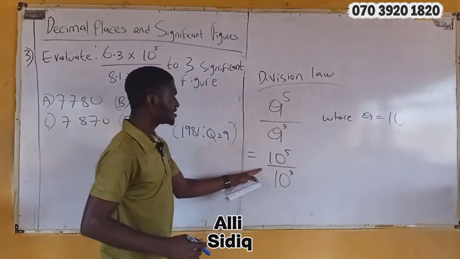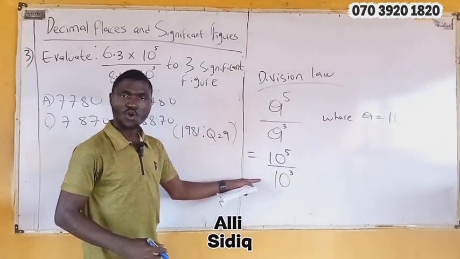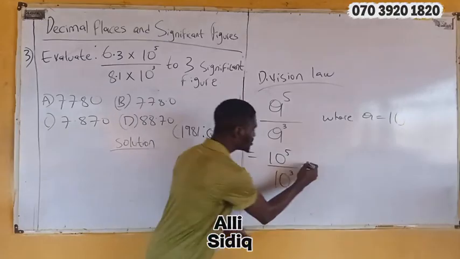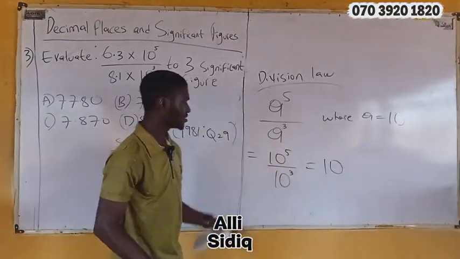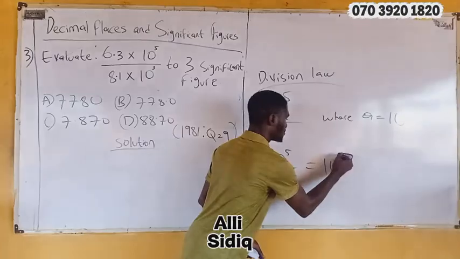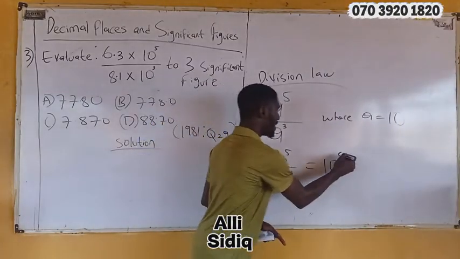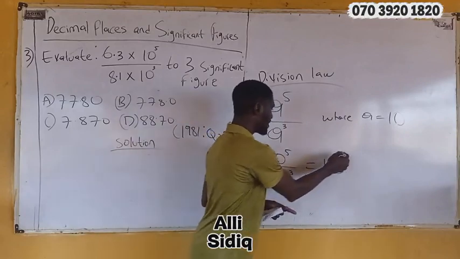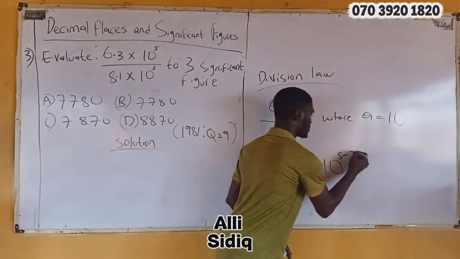So division law says when I have something like this, what I will just do is I will just take one of the 10, then I'll bring the power up as 5 minus, this division becomes minus 3.